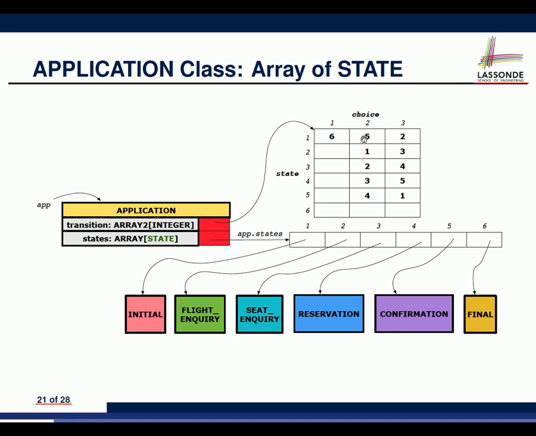That tells me I should go to the target state being 5, right? So that means I should switch from state number 1 to state number 5, which is confirmation. That's the switch I need to do throughout the lifetime of the application. That's something we'll see.